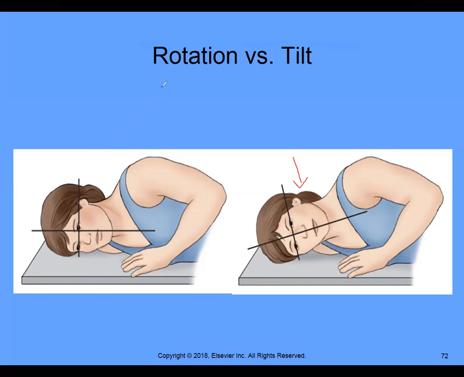And this one would be rotation here. These two, rotation and tilting, are important when you take skull x-rays, because these are the two common mistakes that technologists make when performing x-rays of the head. We either have rotation or we have tilt, and we shouldn't have either one. And there's ways to correct that.